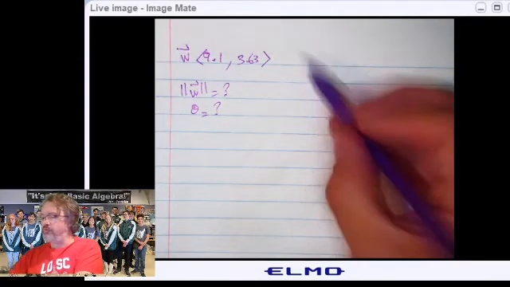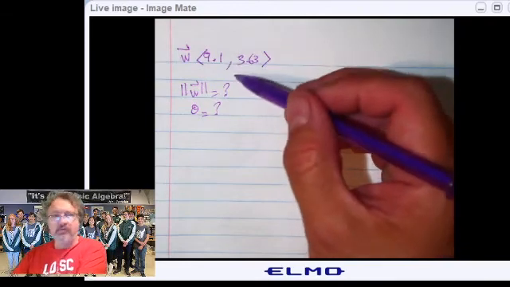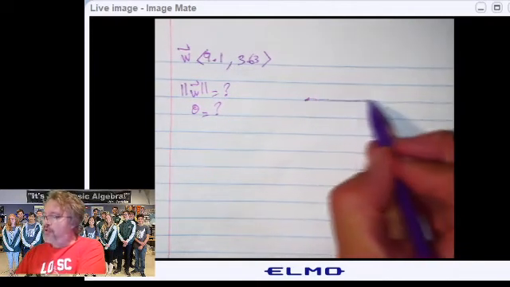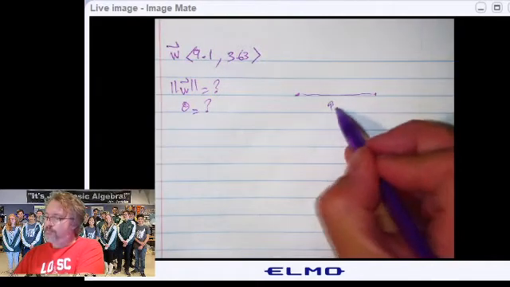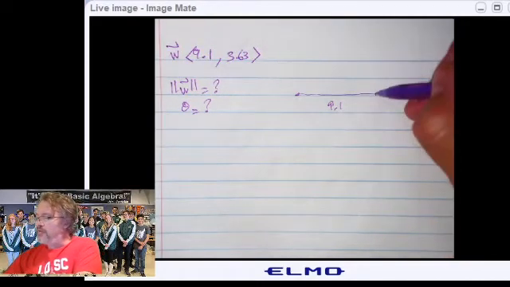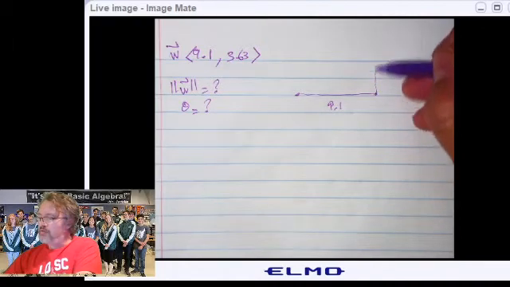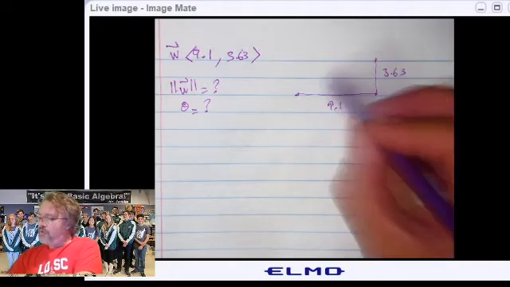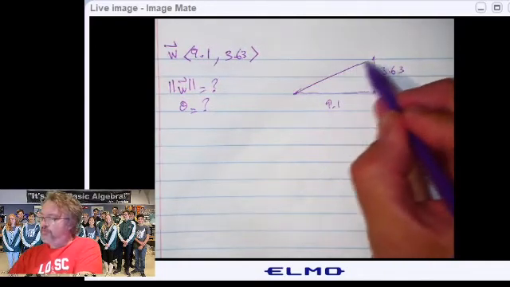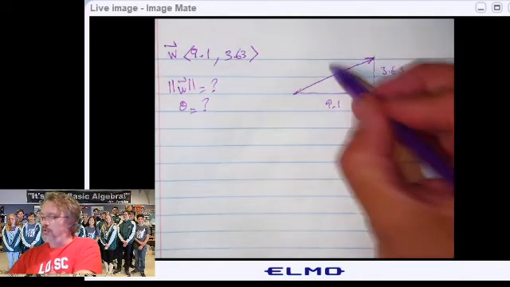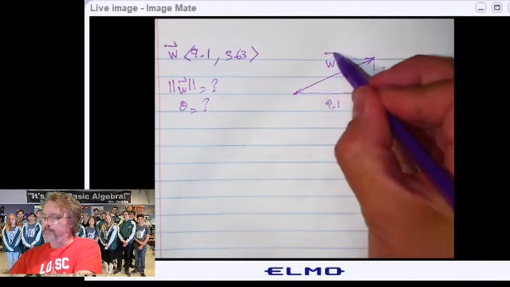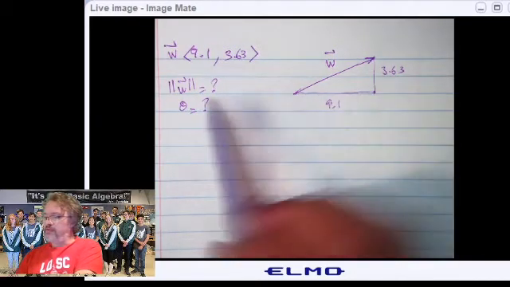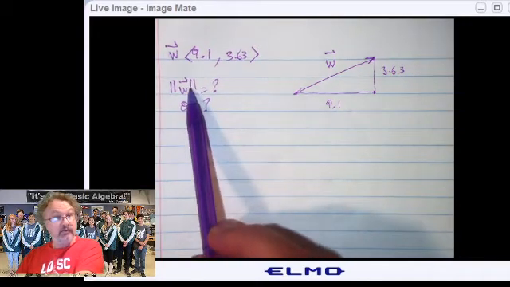Okay, so let's draw a picture that illustrates this. If we have a starting point right here, we're going to go 9.1 in this direction, because it's positive, and 3.63 in this direction, because it's positive, which gives us the vector w like this. Okay. So how do we find the magnitude of the vector w?